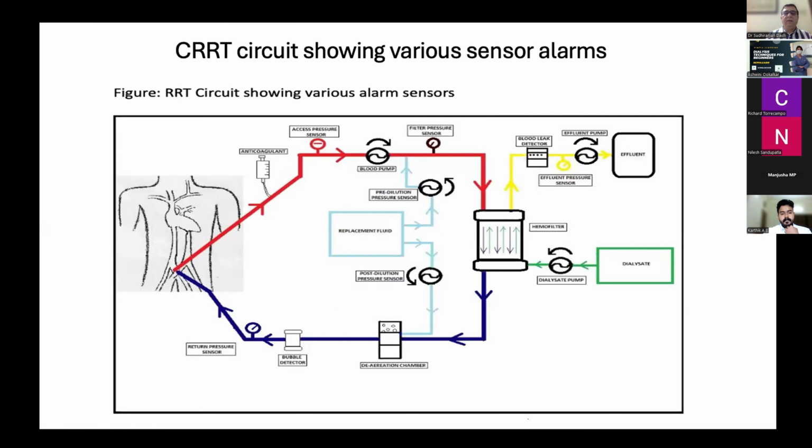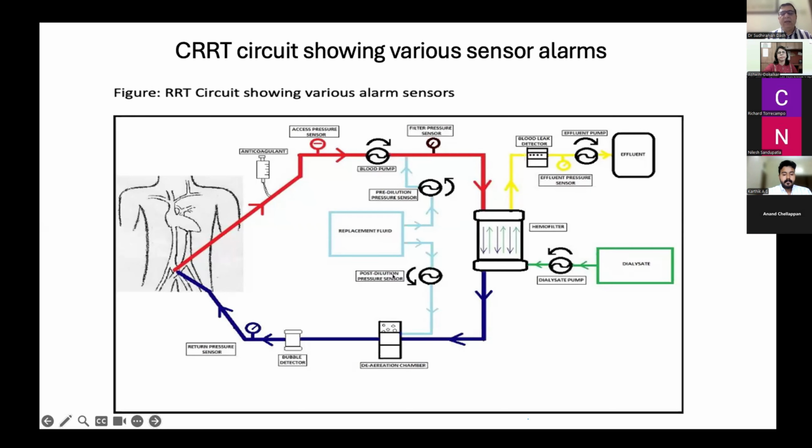So if you see, it is just a simple diagrammatic picture of the CRRT itself. Although you must have seen the machine by yourself, it is a complex scenario. Some of you might be just initially starting the dialysis curriculum, where it will be difficult to learn, but it is a simplistic version of what I found in the picture itself. So what you need to know is, what are the sensors which are placed?